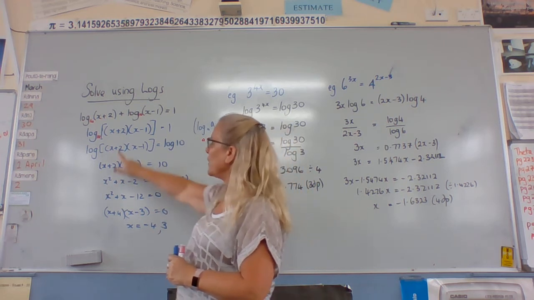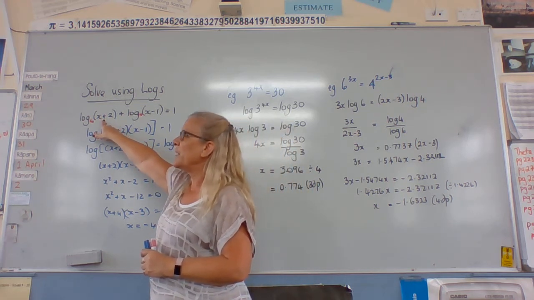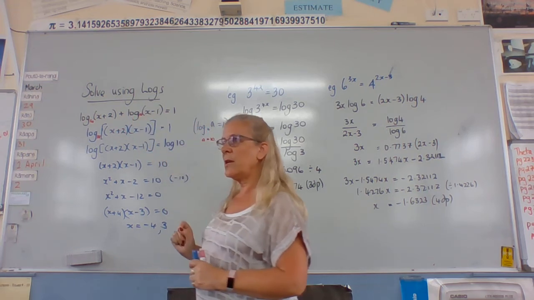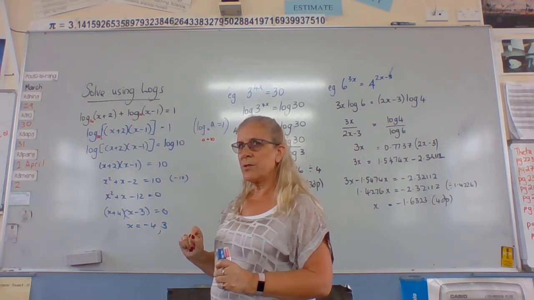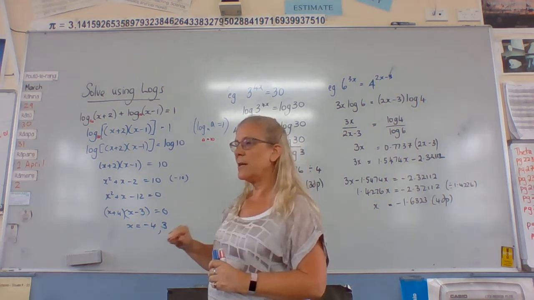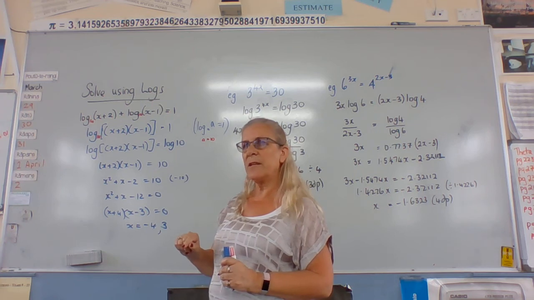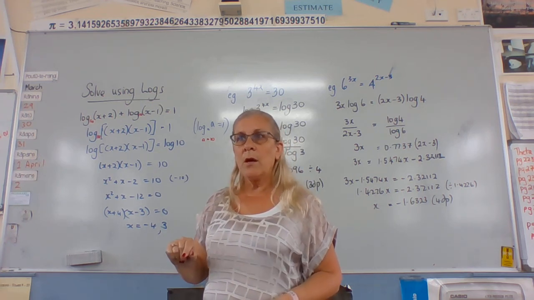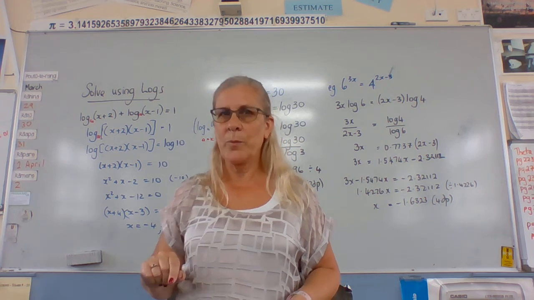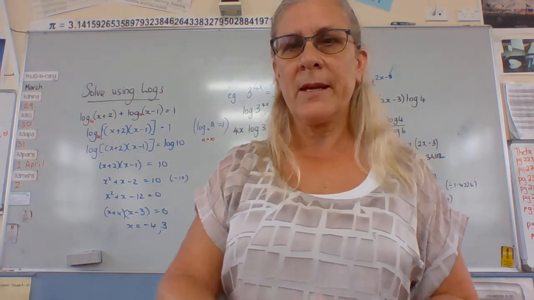So if we put negative 4 in, we get log of negative 2 plus log of negative 5 equals 1. I hope. You might need brackets and things. Okay.